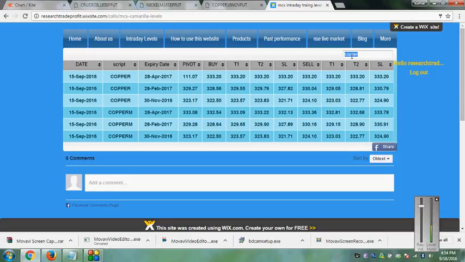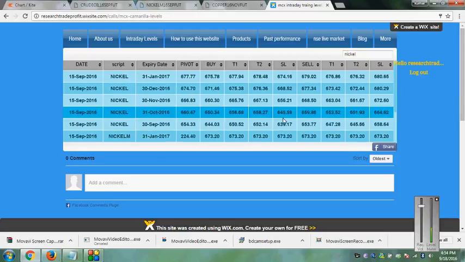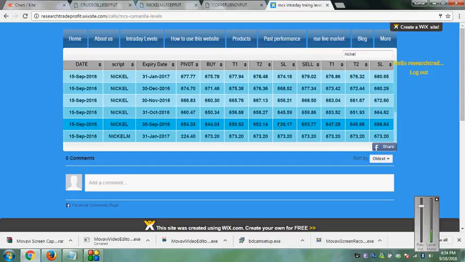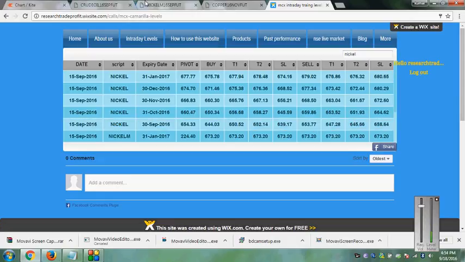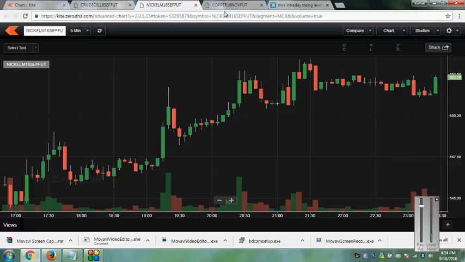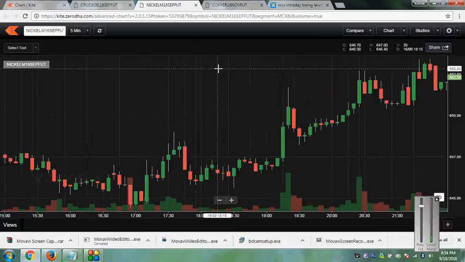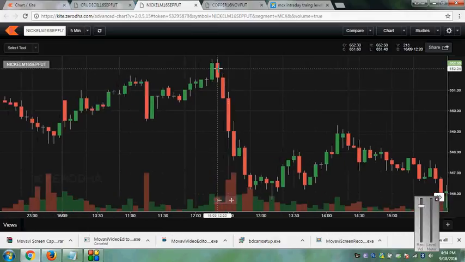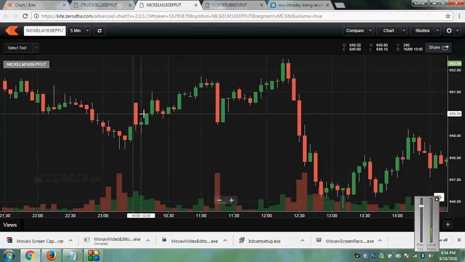So one more I have, we can check nickel for the day. Nickel, let us check what happened that day. Nickel buy was generated at 644.05, and sell was generated at 653.70. Let us check what the nickel movement was on that day. So this is the candle for nickel.